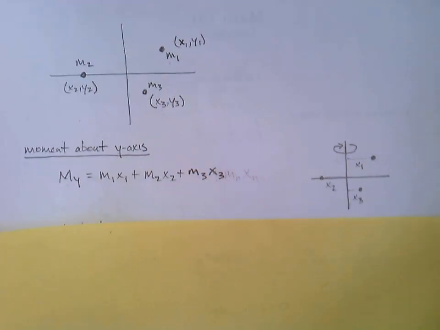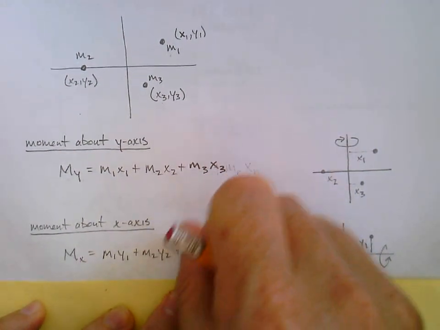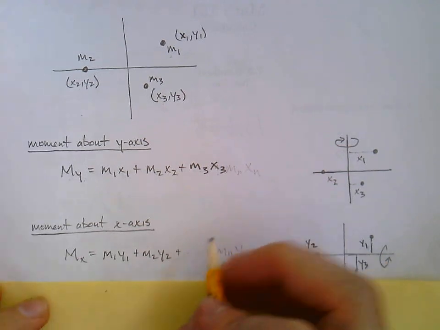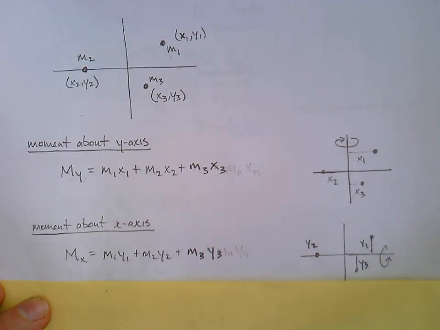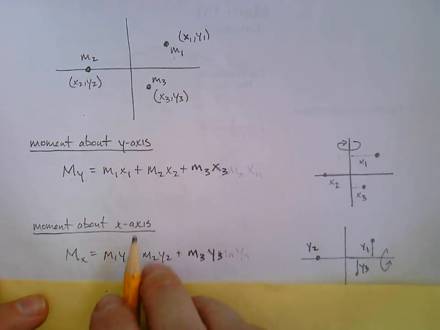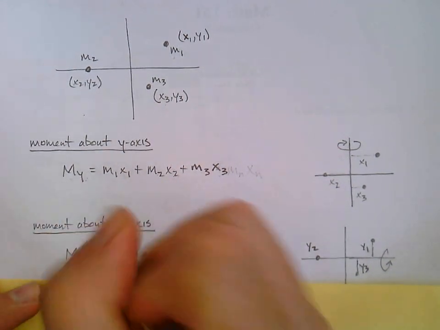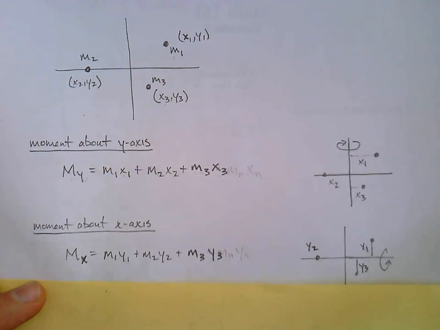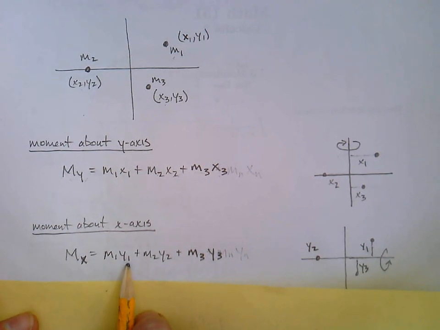All right. We will also have, kind of updating my lecture as I'm teaching, a moment about the x-axis. It's the x-axis and we call it m sub x, but this is actually vertical rotation, so it involves the y's, and same idea, m1 y1 plus m2 y2 plus m3 y3.